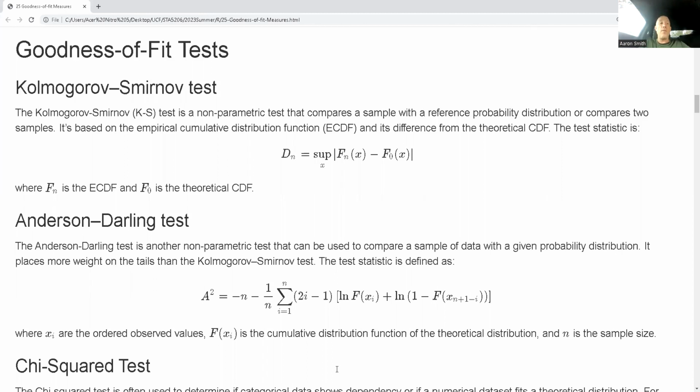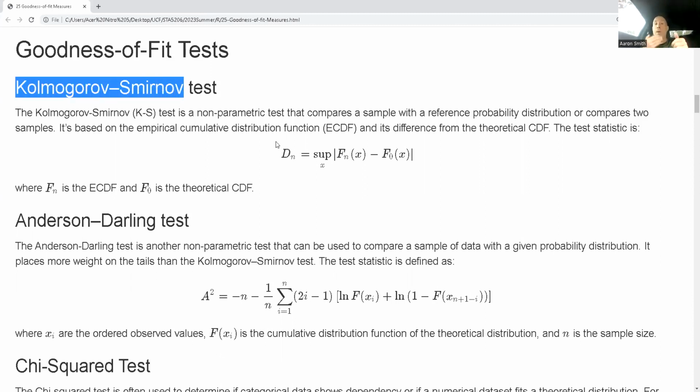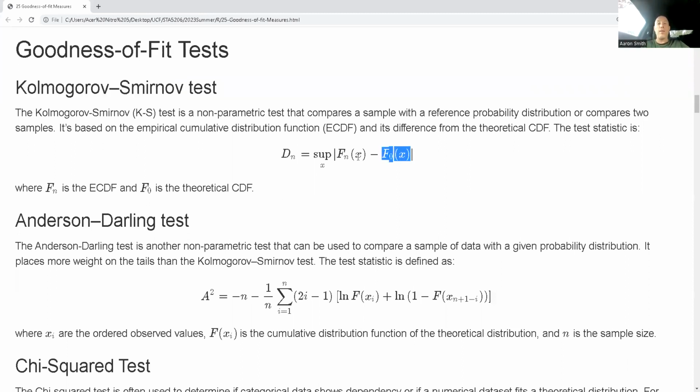Now, for goodness of fit tests, the first one we're going to talk about is the Kolmogorov-Smirnov test. Here, I take my theoretical distribution and my empirical distribution, take their cumulative distribution functions, take the difference, and find the largest value of the difference. It'll be a supremum.